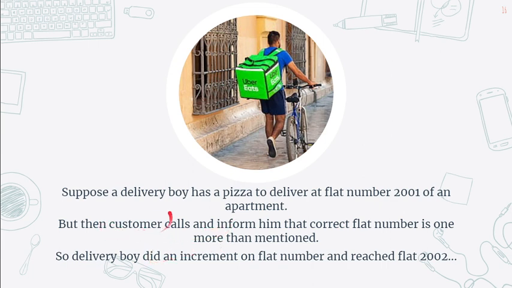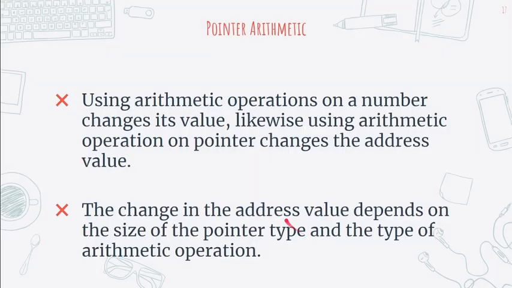Then he calls you and you inform him that no, you have to move one house ahead from where you currently are. Similarly, a pointer pointing to a particular location can be moved, added to, decremented or incremented.